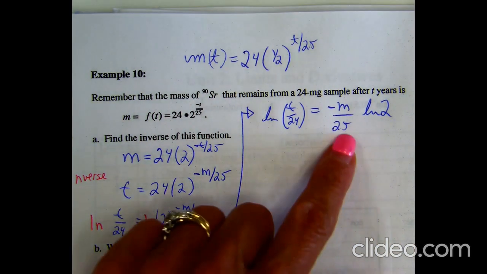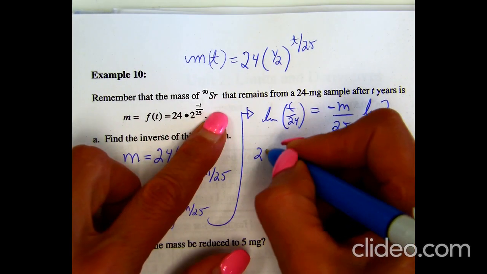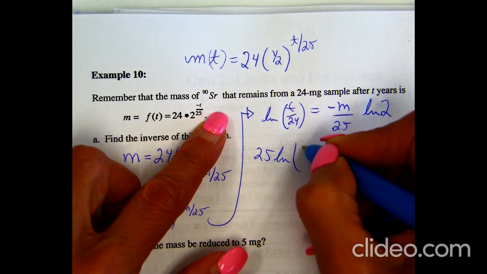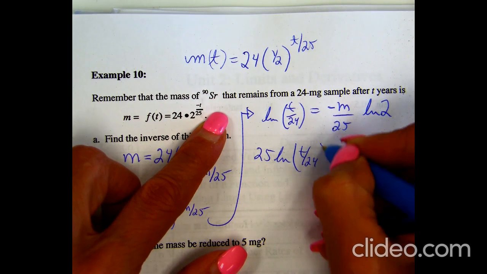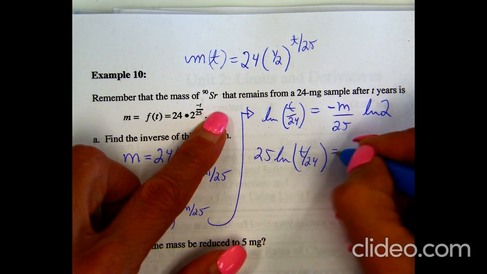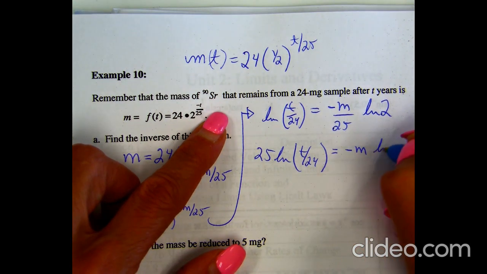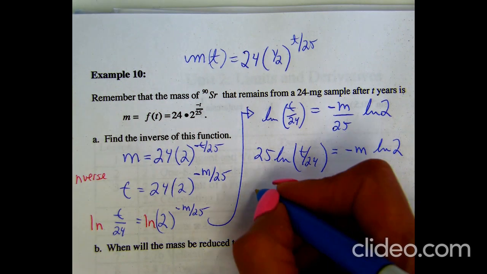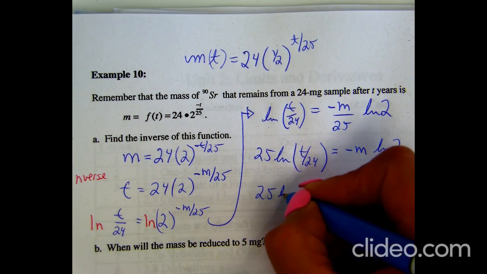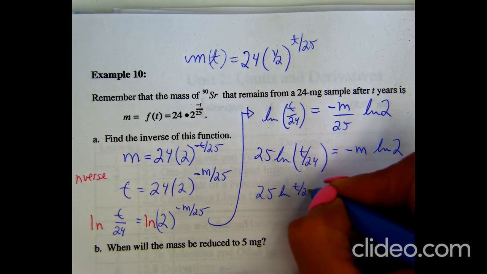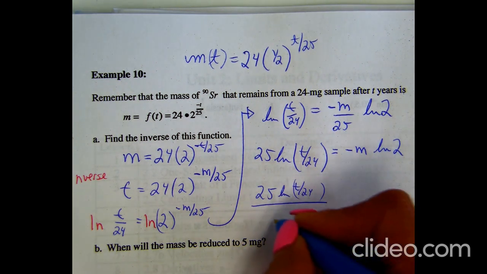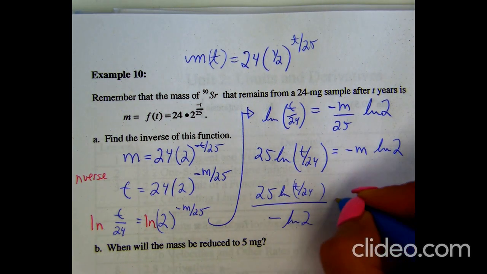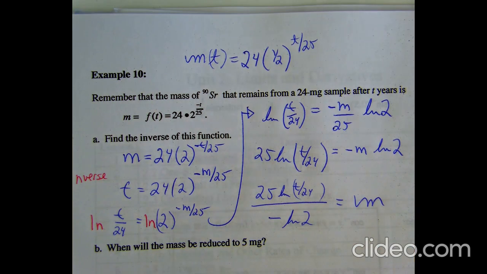Solve this for m. I multiply both sides by 25. And let's divide both sides by negative ln 2. So I've got 25 times the ln of t over 24 divided by negative ln 2 is equal to m.